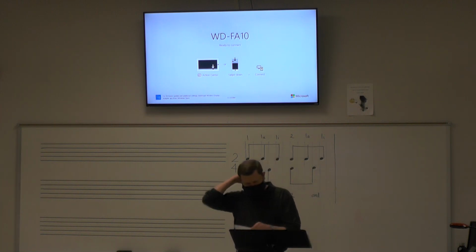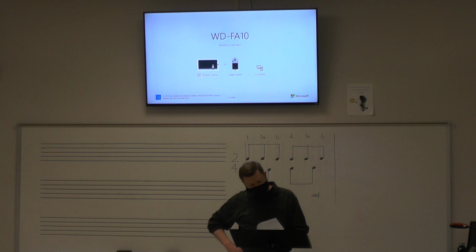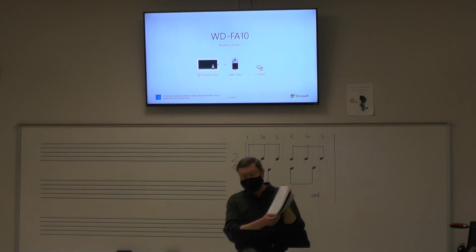The next thing I need to do is we need to talk about rhythms in your sightsinging book. And the final unit for rhythms that I use is found in chapter 14 of your sightsinging book. Can you open up to page 227?